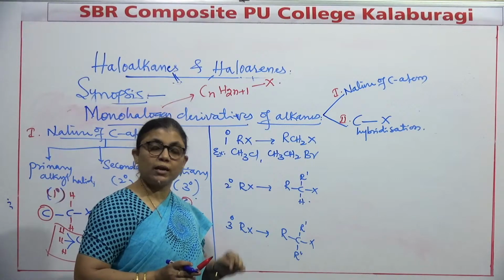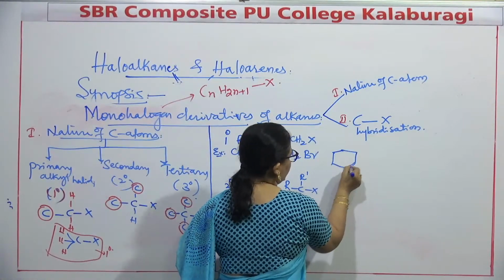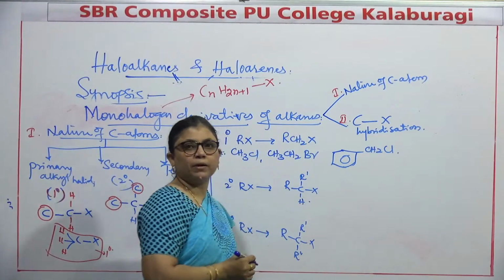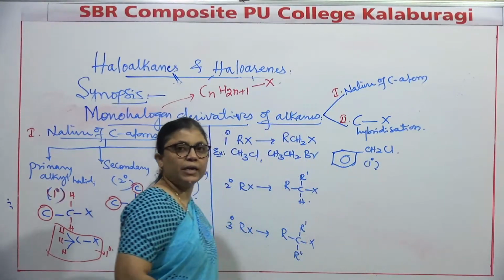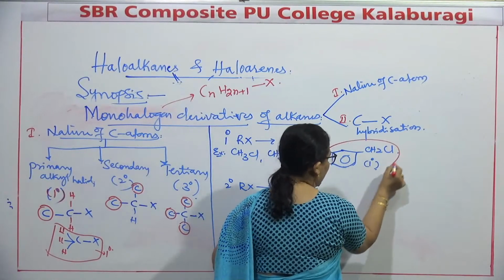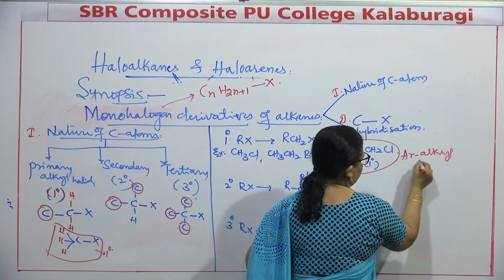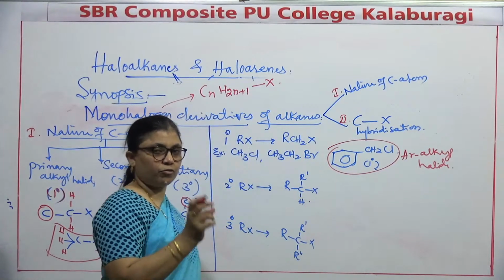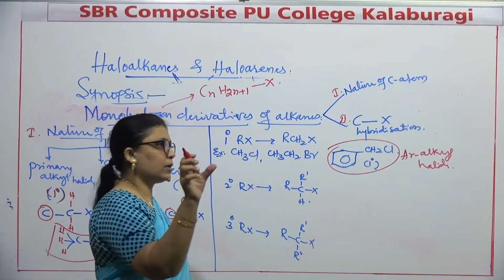Even if I take the example C6H5CH2Cl, this is also primary in nature. But remember, this is called as aryl alkyl halide. This is called as a mixture of aromatic and aliphatic. That's why it is called as aryl alkyl halide.